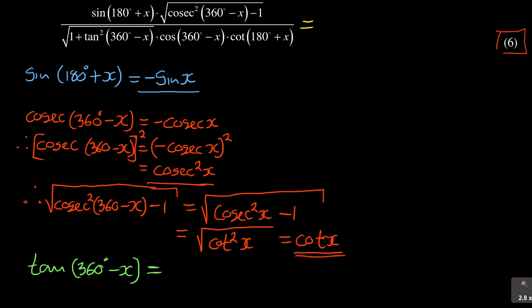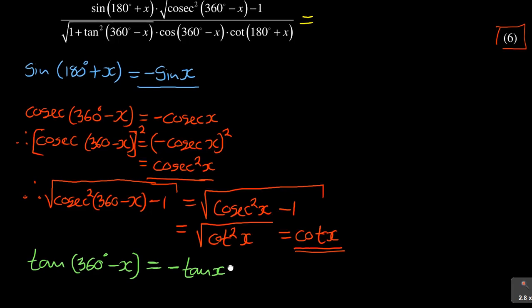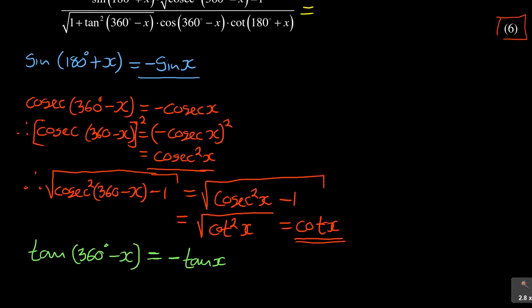Now tan 360 minus x, using the reduction rules, is in the fourth quadrant, and tan is negative in the fourth quadrant. So being negative, it is negative tan x, just like we did for cos, sine and cosec.